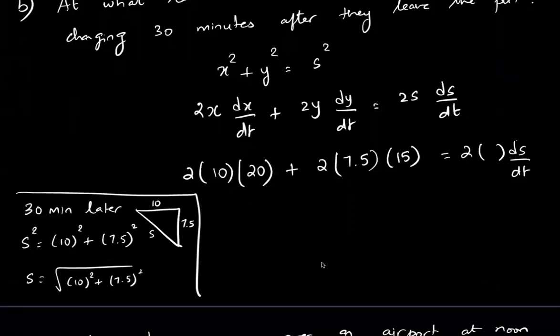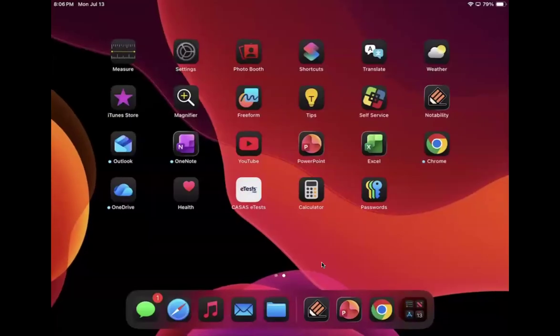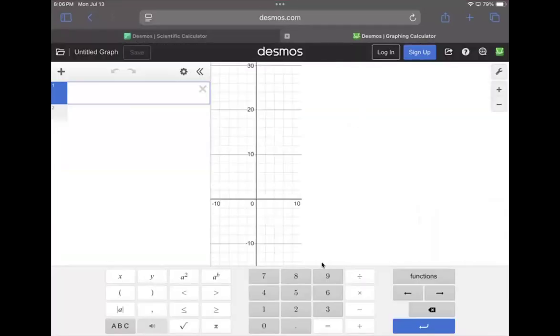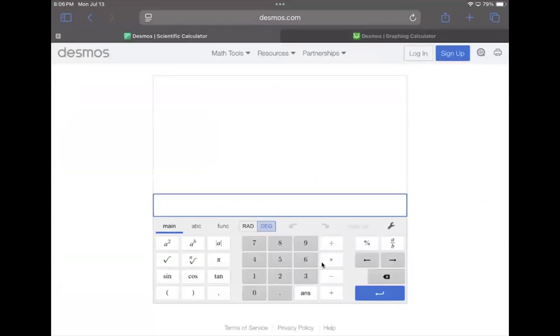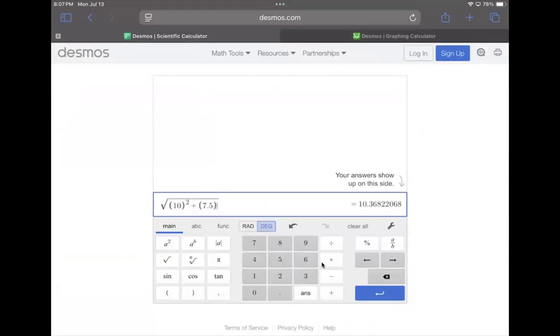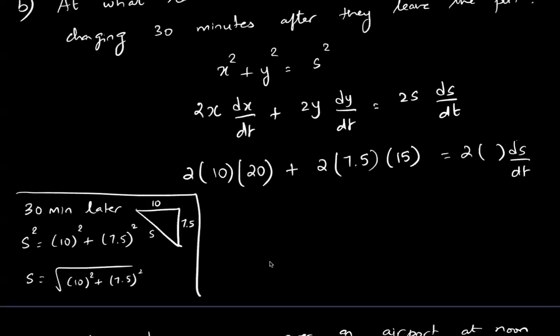So this is what I have. So let me use Desmos to just get this pretty quickly. I'm going to use my Desmos scientific calculator. I'm going to start this, and I'm going to have 10 squared plus 7.5 squared. So that is 12.5. Okay, so then I'm going to go back to this, and I'm going to put 12.5 in here.